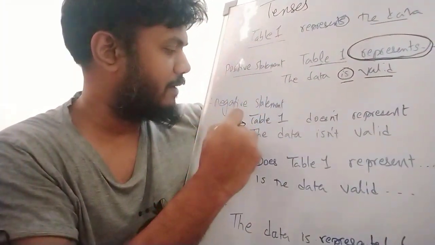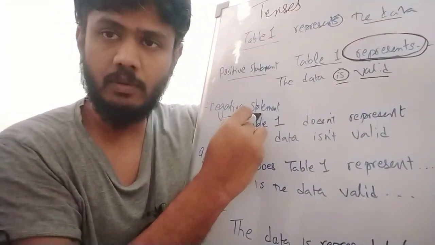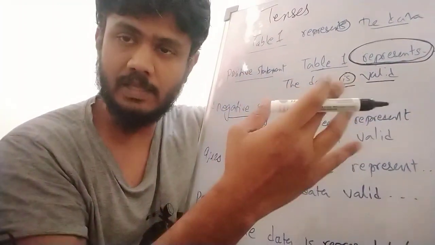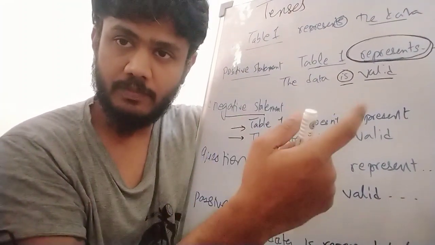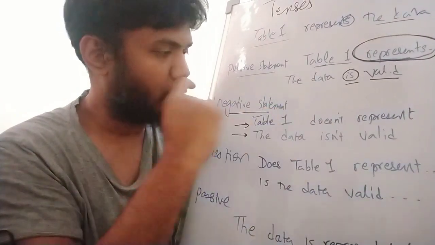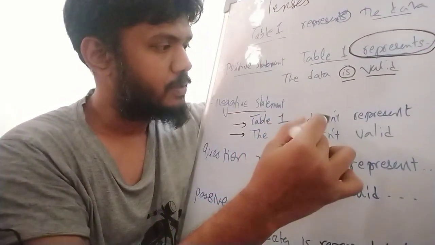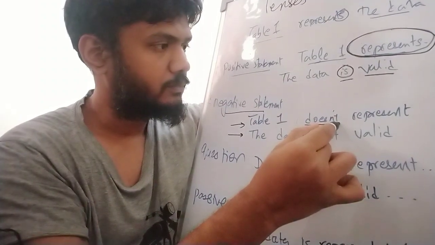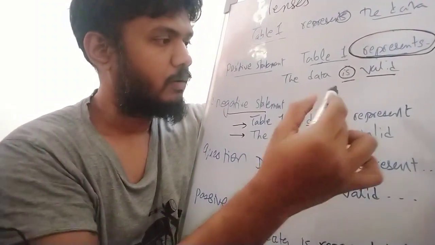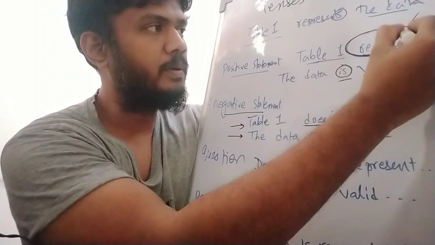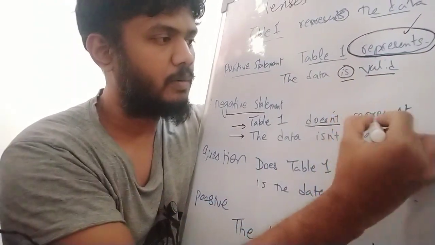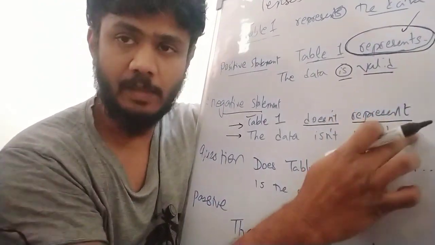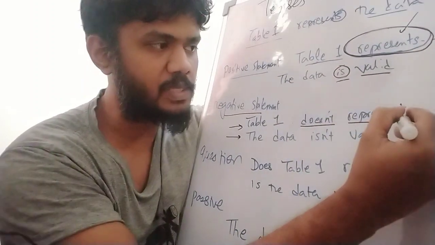Again, we have the negative statement now. Here we are saying something is, but here we are saying something is not, or does not. So here's your verb, represents, but here what's happening is, again in subject-verb agreement you'll see why this has become represent.